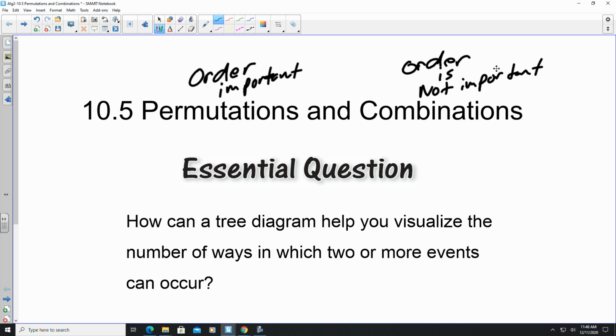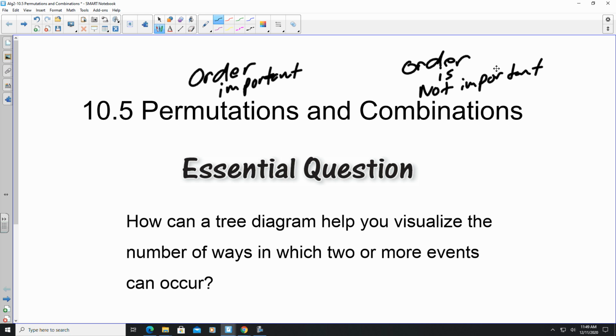Like if you are trying to pick electives for a class, or if you're looking at the appetizers at a restaurant, if you can choose two appetizers, and there are so many appetizers, how many combinations of appetizer choices could you get? There's no order in how you get them. It's just how you get them.